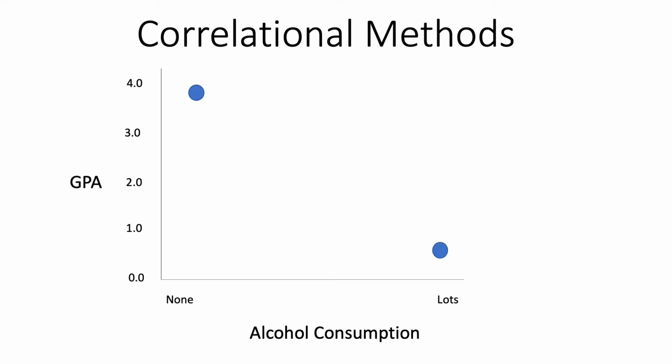Our second subject, on the other hand, looks a lot different. This person scores really high on alcohol consumption, but their GPA is not very good. Subject number 3 is kind of a moderate drinker, has a really good GPA. Subject number 4 doesn't drink very much at all, but the GPA is very low.